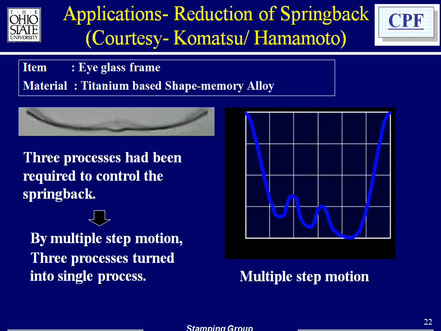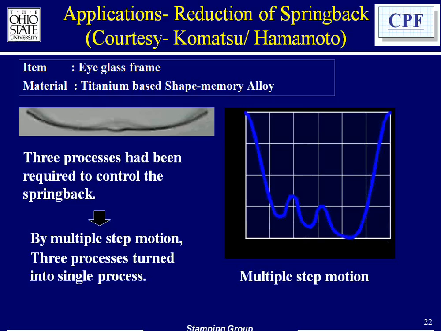This is one of the issues, in fact, that by using the so-called pendulum motion, that is to say, the slide passes the bottom dead center, but immediately comes back to coin or form the material once more. At that time, there's a possibility of reducing spring back.